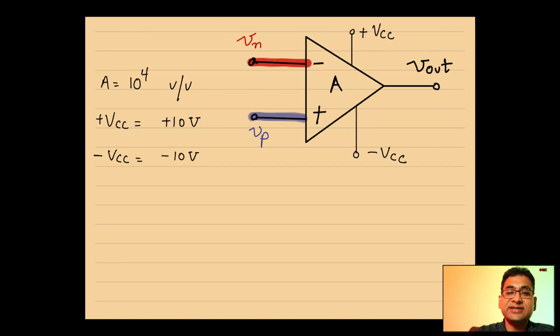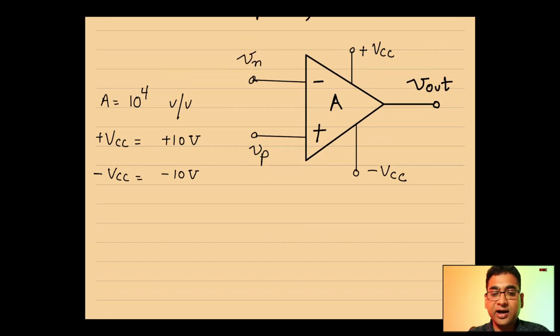Now let's see. I'm going to clear this up a little bit, and then make everything black. That way we can color code now.